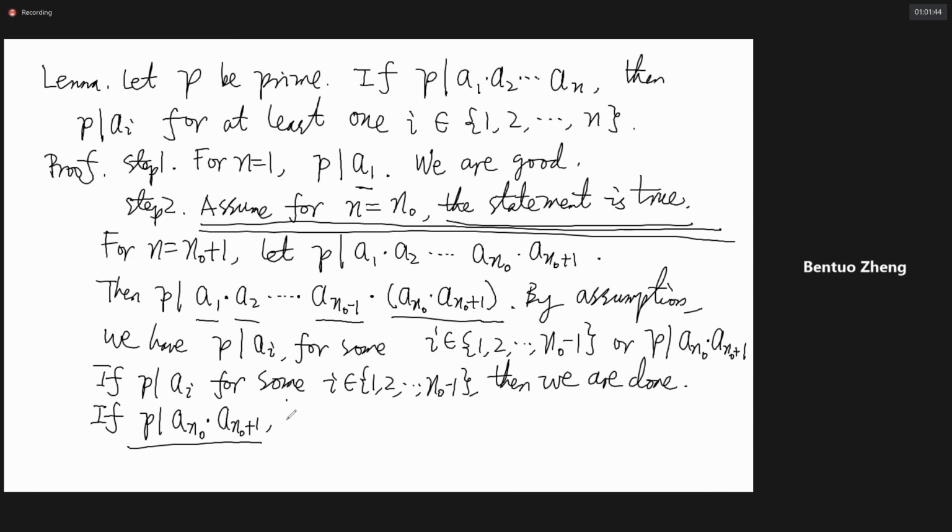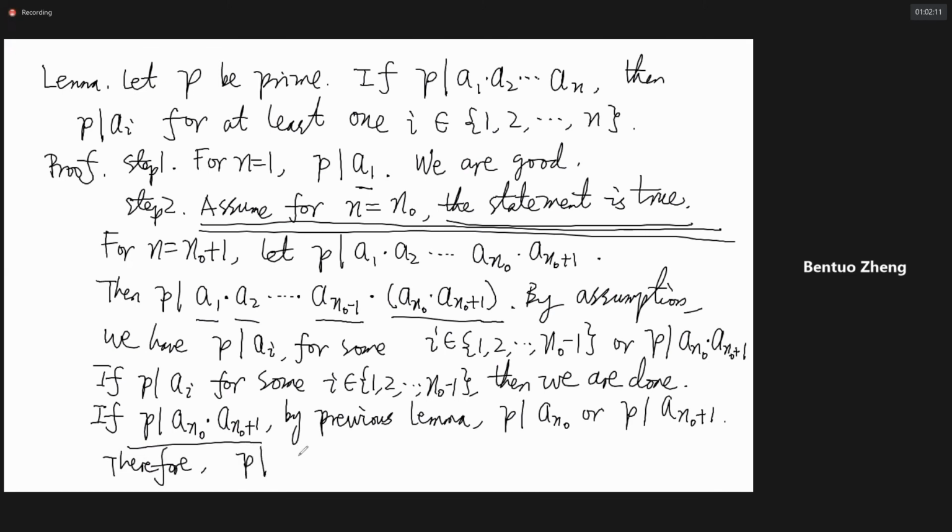So by the previous lemma, P divides An0 or P divides An0+1. Combining all of this, P divides Ai for some i in 1, 2, up to n0 plus 1.